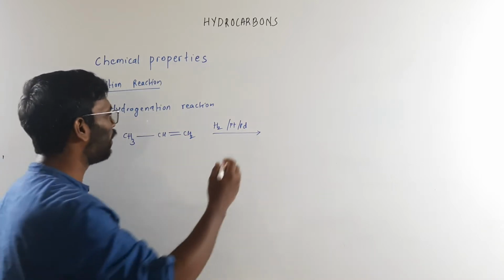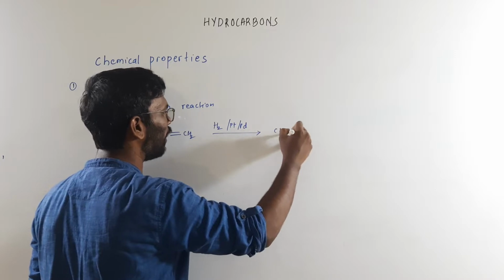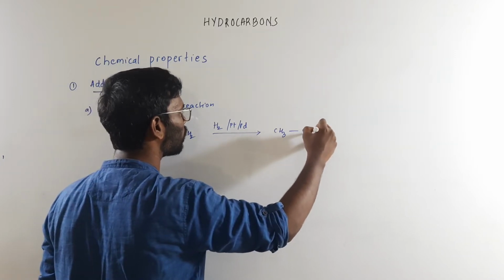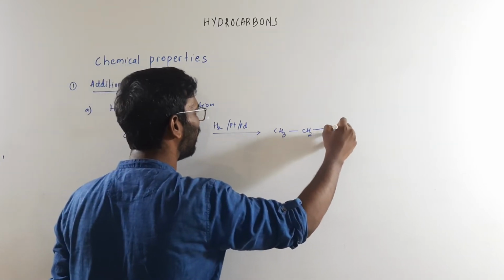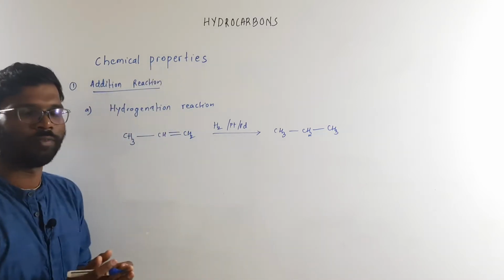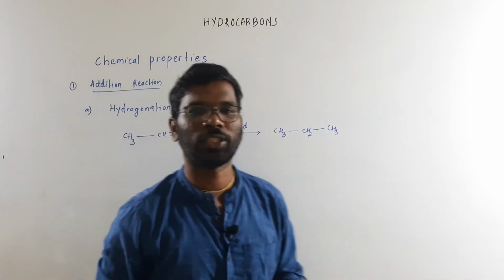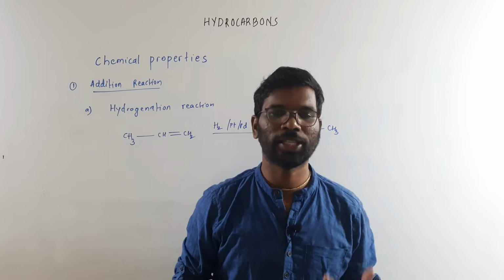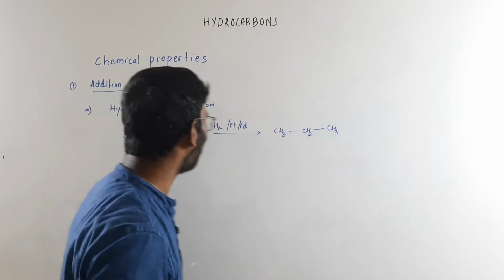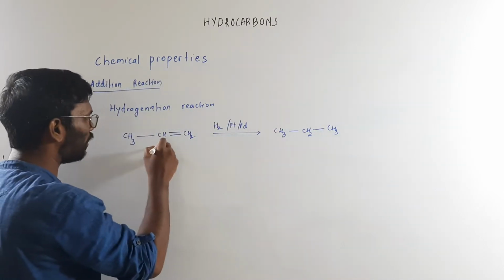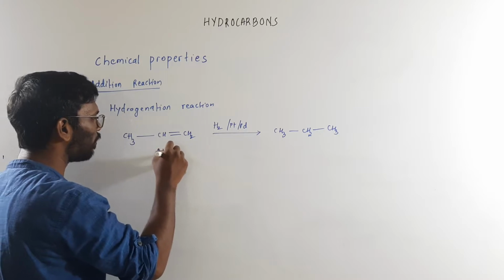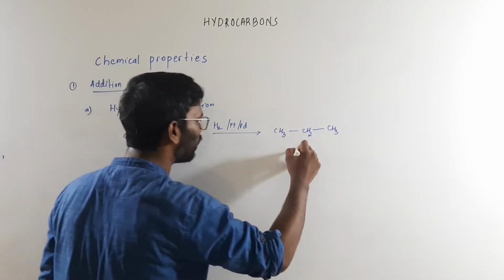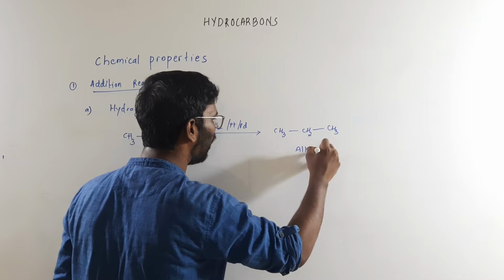So what we are going to get over here is CH3, CH2, CH3. Whenever there is a hydrogenation of the alkene, that is the addition reaction taking place, the alkene gets converted to the alkane.